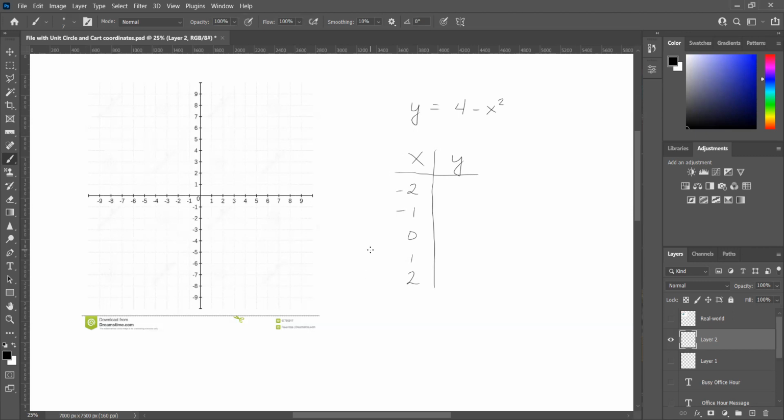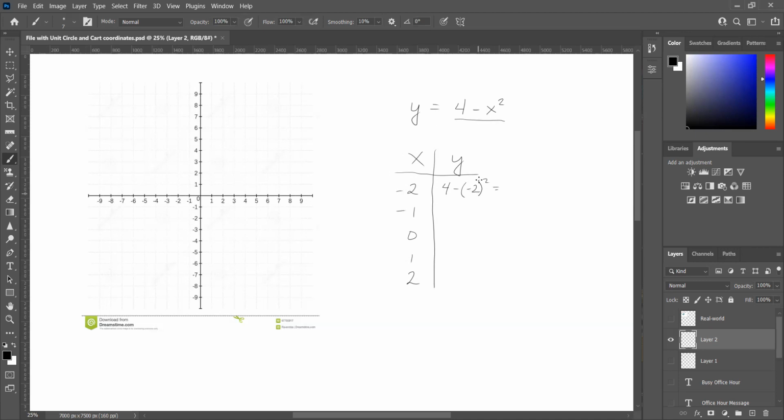Remember back in a previous section when we evaluated expressions when x was equal to a certain thing. We'll do that same thing here. Since y equals 4 minus x squared, I'll just replace x with the x I picked and see what corresponding y value I get.